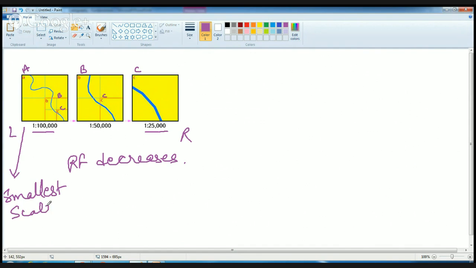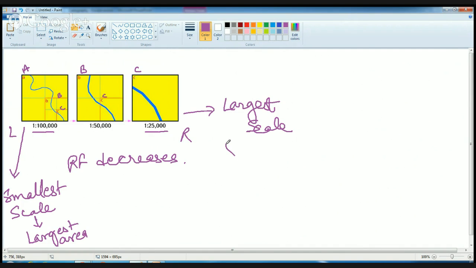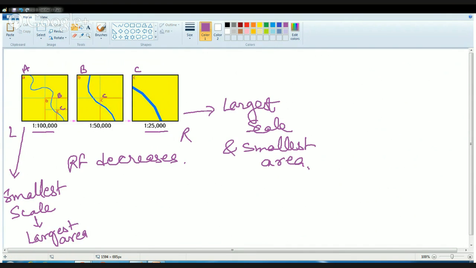And when you have the smallest scale, you are depicting the largest area among the three. So this has the smallest scale and largest area, and vice versa, this has largest scale and smallest area amongst the three. So this is one concept that you must be sure of.